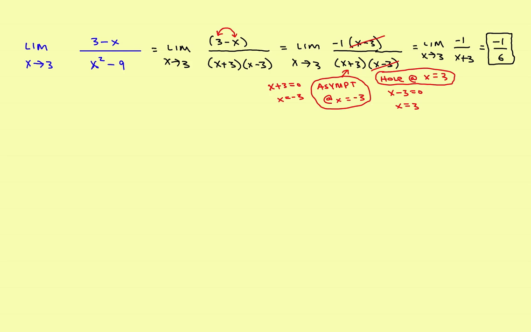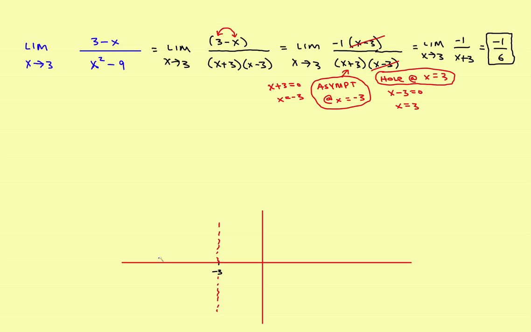Again, let's take a quick look at the graph, to see what it looks like. If you graphed it, it would look something like this. We're going to go over here to -3. So I've got a -3 right here, and I've got an asymptote that would look something like this. If you graph this on a graphing calculator, it would look something along this line.